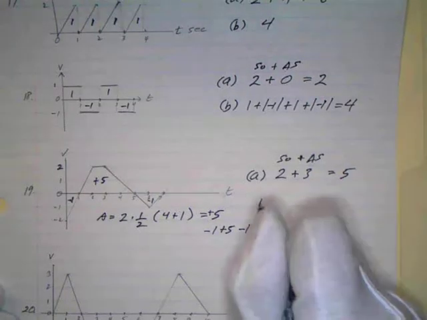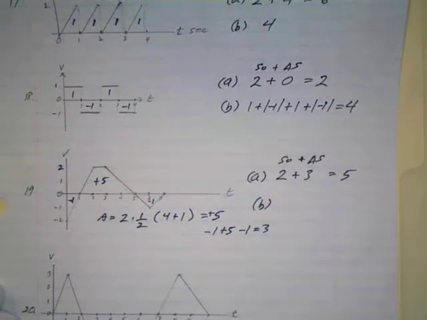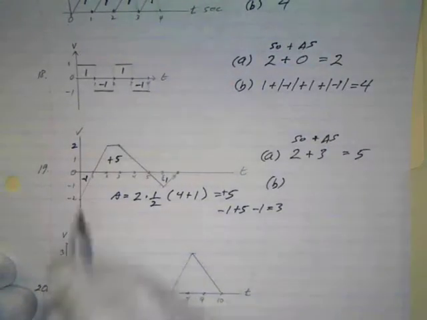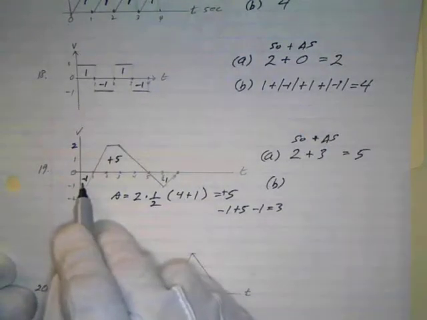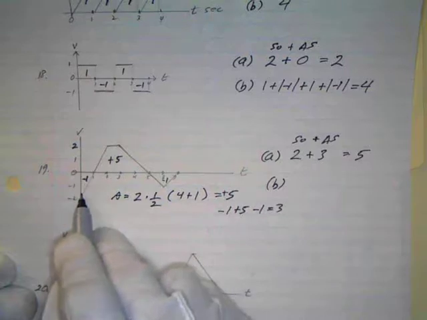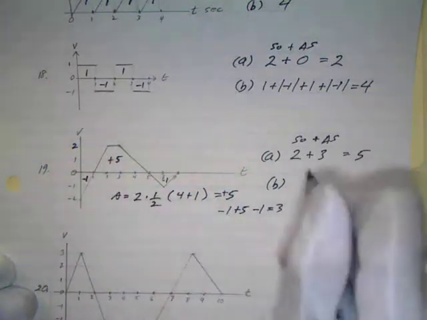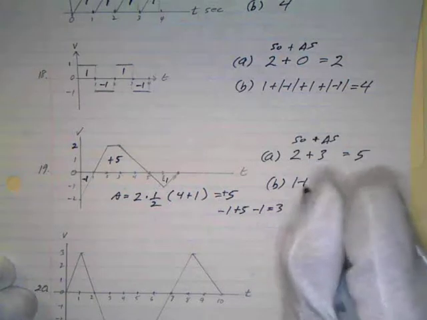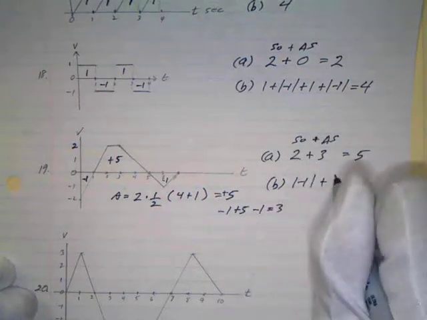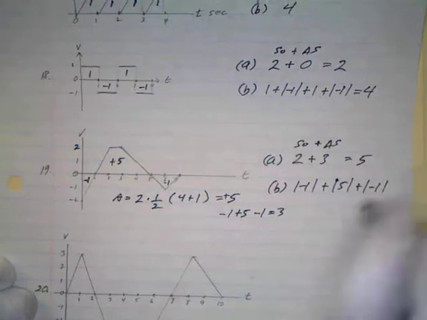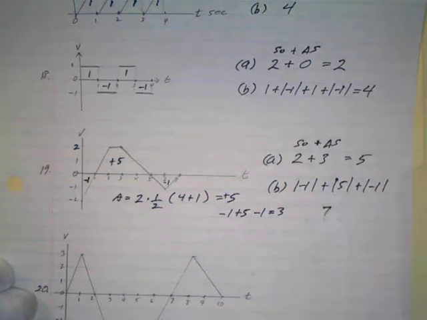Okay, and then the letter B. How far did it travel? Well, we take the absolute value, so that's just going to be, I went to the left 1, to the right 5, to the left 1, so I actually went 7, so I could say the absolute value of -1 plus the absolute value of 5 plus the absolute value of -1, so I end up going 7.